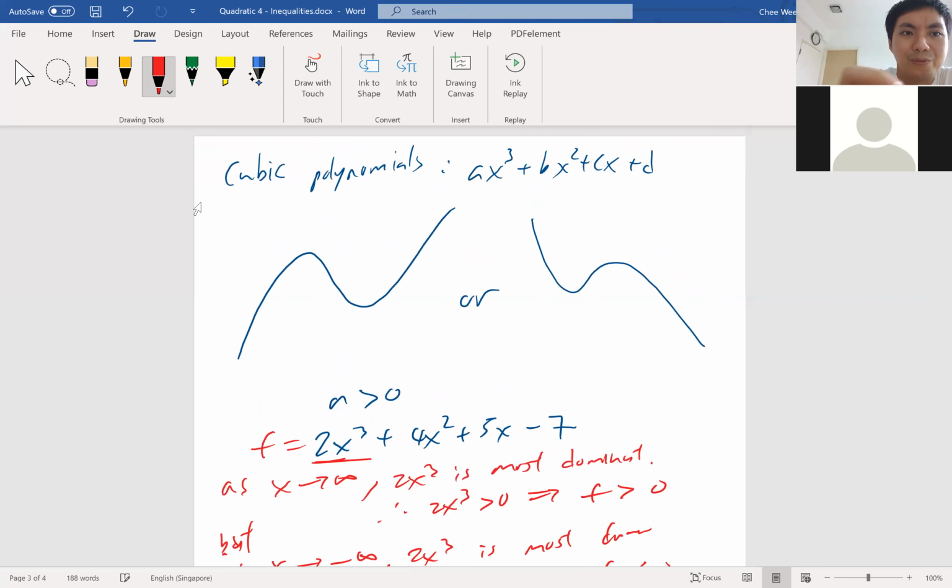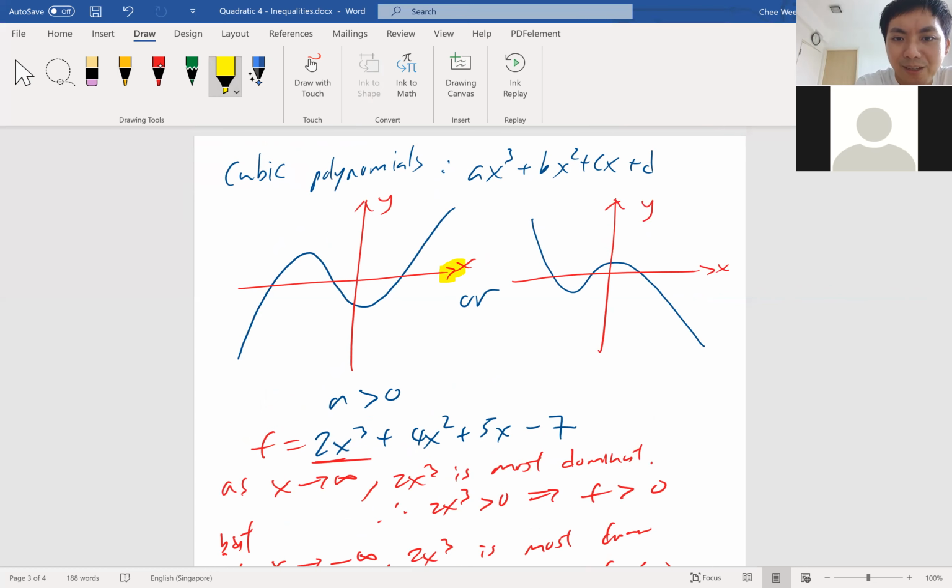So if you plot out the y-axis now, you will see that it's the first graph that fits the narrative, right? The second graph actually gives you the opposite narrative. When x is infinity, y is infinity. When x is negative infinity, y is negative infinity. All right, understand?